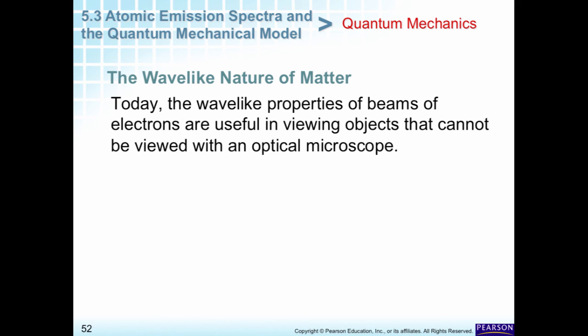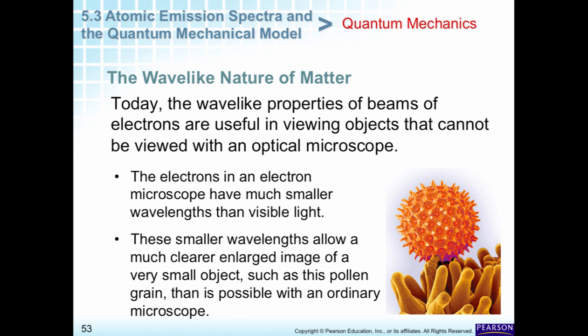Okay, so the wavelength properties of beams of electrons are useful in viewing objects that cannot be viewed with an optical microscope. This is what we do to see atoms. We use beams of electrons because they kind of are like waves.